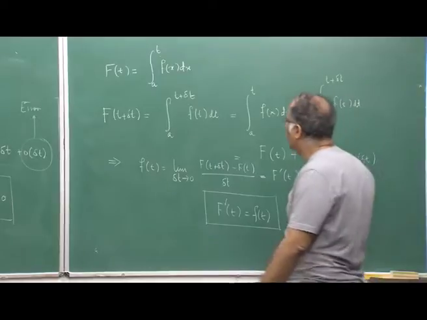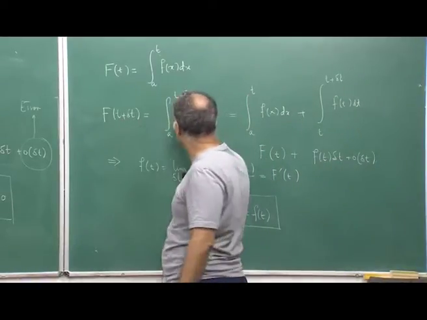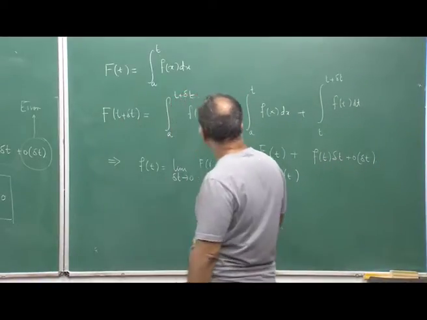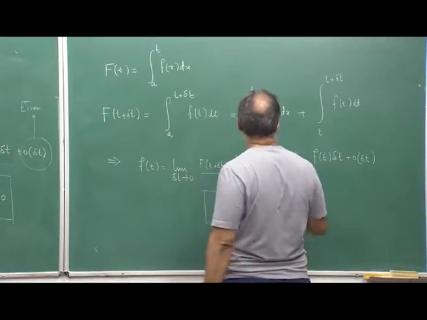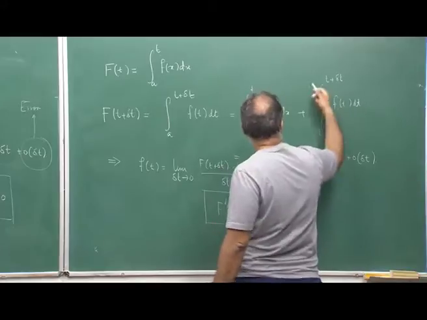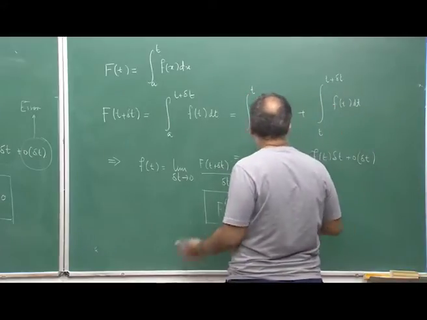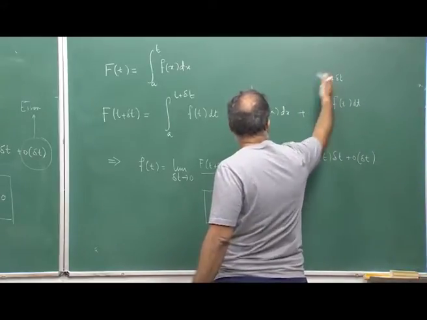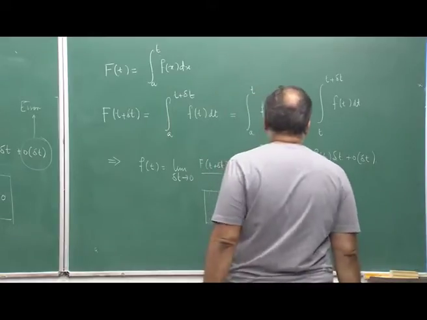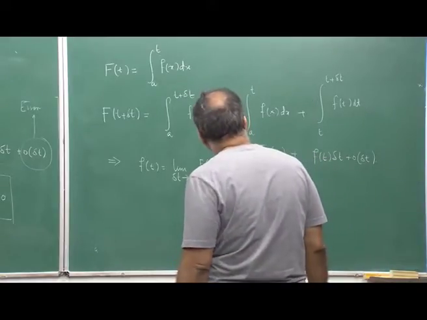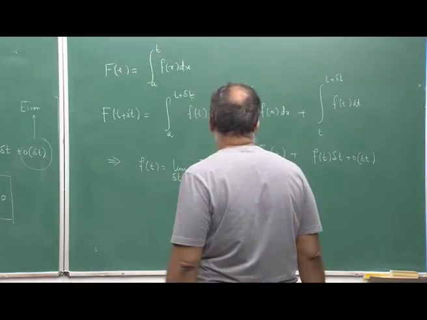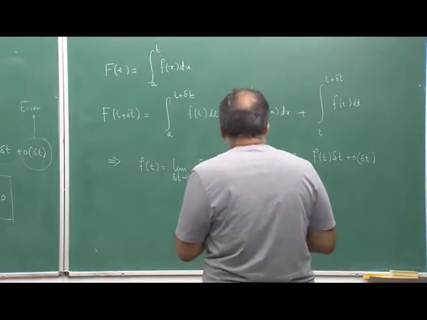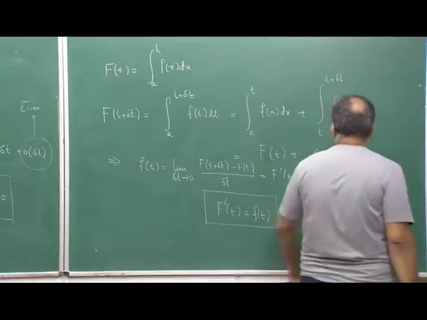Now obviously if you write it for t plus delta t, you will write it like this, and you know that if t is any number between a and t plus delta t, or it could be a to t minus delta t, so we have to do things with the negative sign in that case.